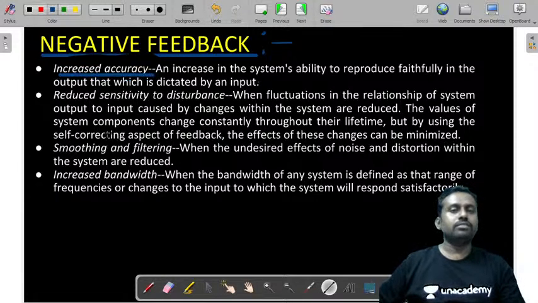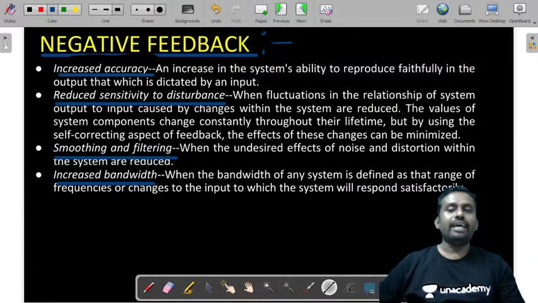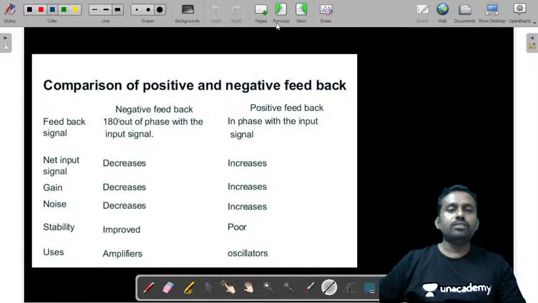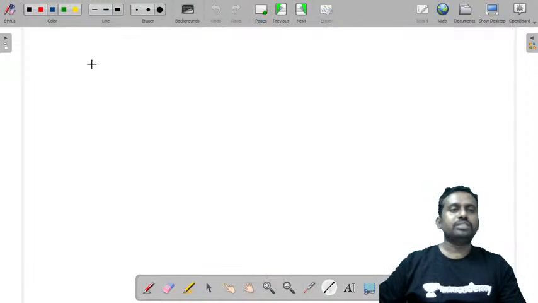Next, reduced sensitivity to disturbances. Next, smoothing and filtering. So when the undesired effects of noise and distortion within the system are reduced, so you'll get smoothing and filtering as well. Then increased bandwidth. The bandwidth of any system is defined as that range of frequencies or changes to input to which the system will respond satisfactorily. Now, before comparison between positive and negative feedback, I'll just give you.